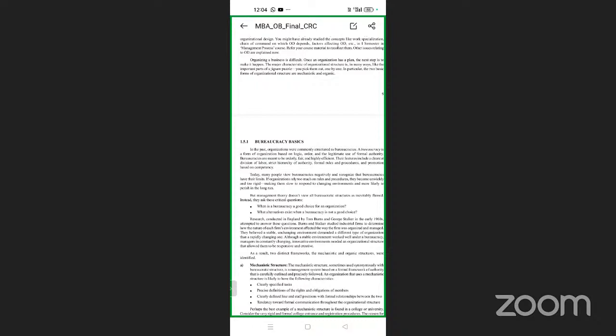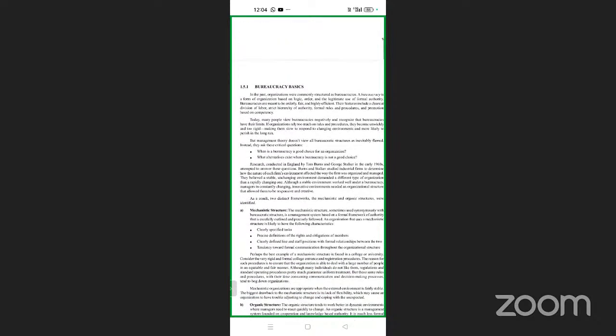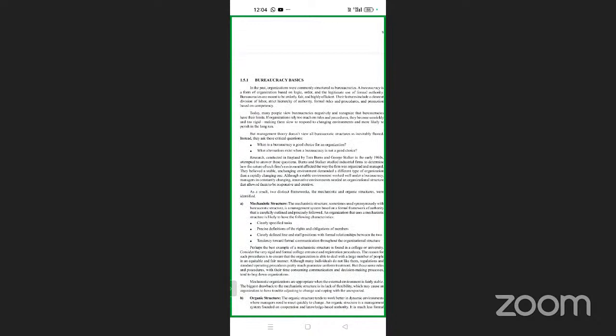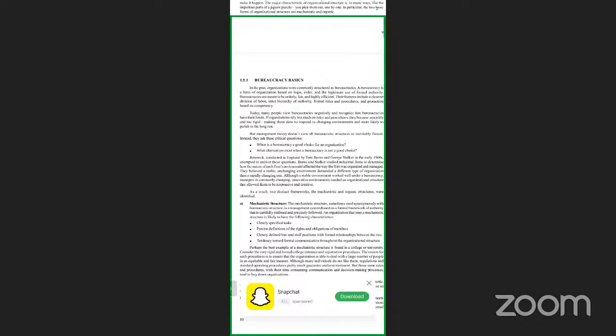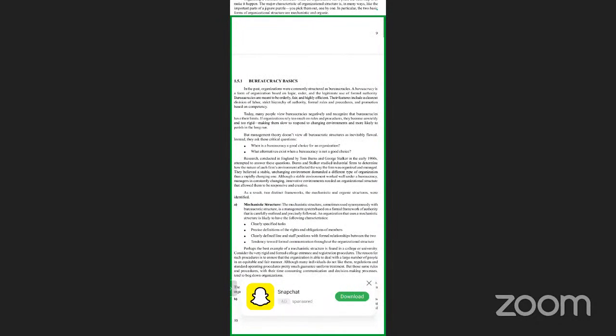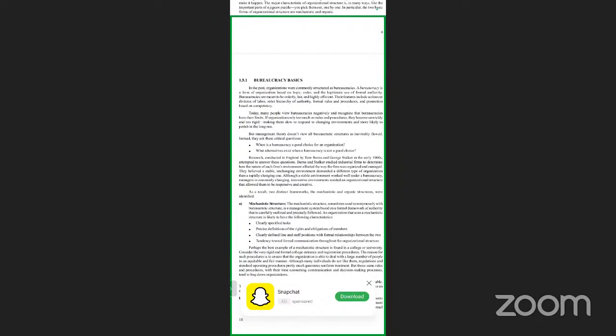Followed by that, we have bureaucracy basics. In today's generation, people's view of bureaucracy is negative, and they understand that bureaucracies have their limits, but too many rules and procedures become unwieldy and too rigid.